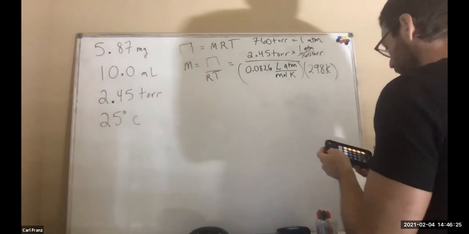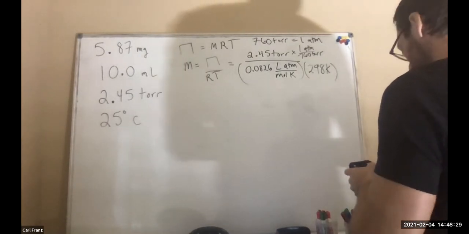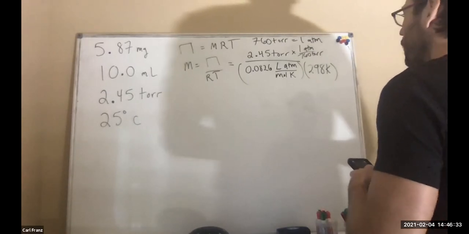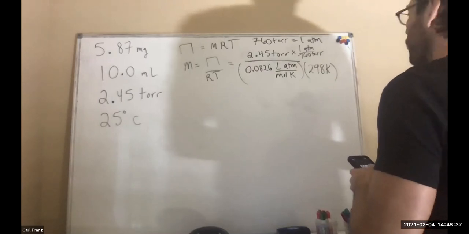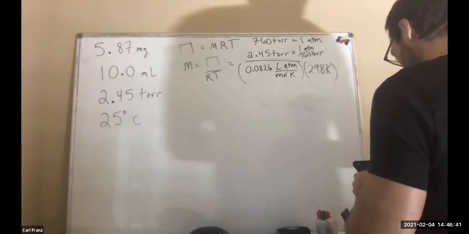So 2.45 divided by 760 divided by 0.0826 divided by 298.